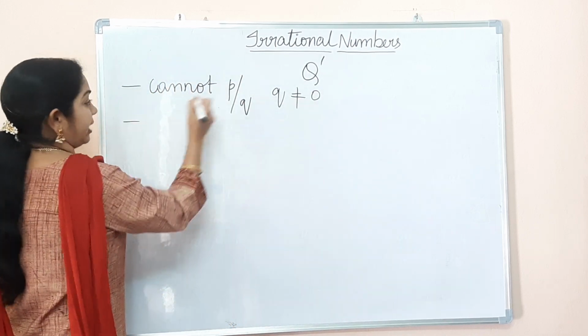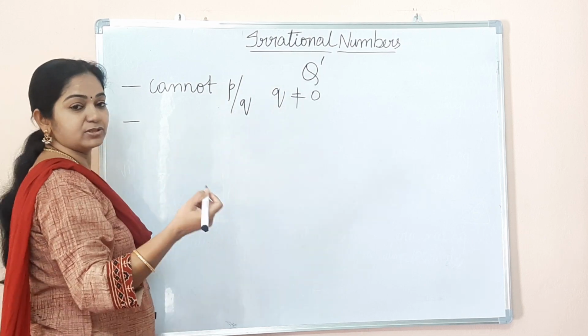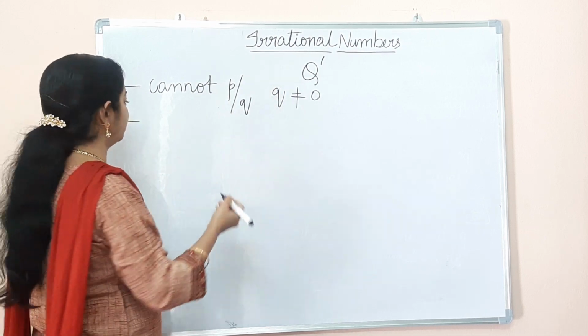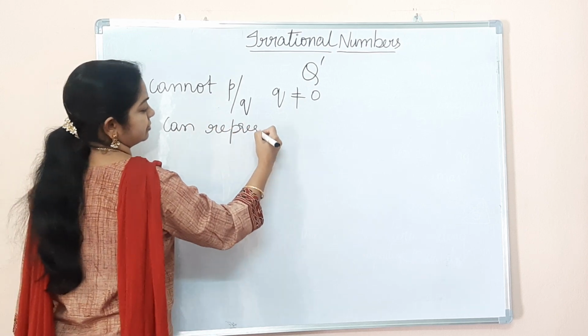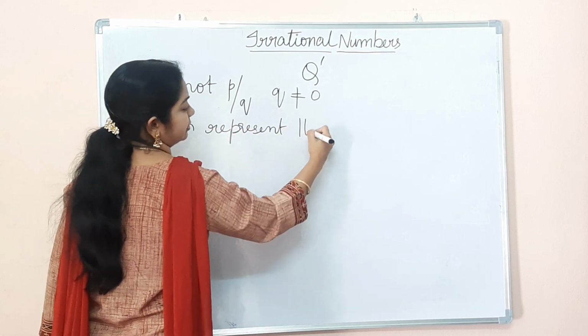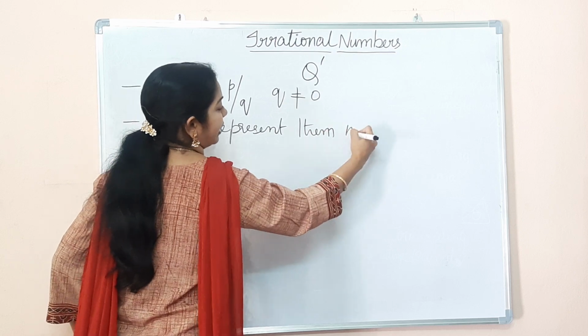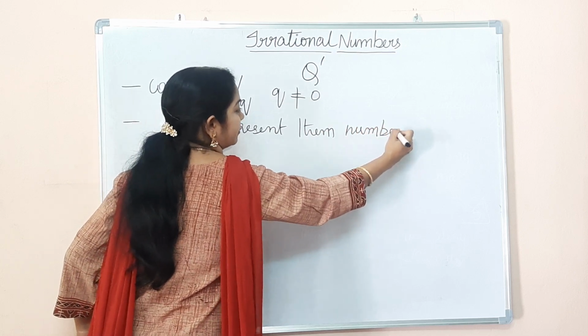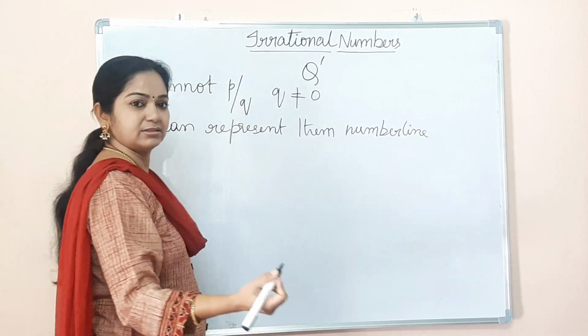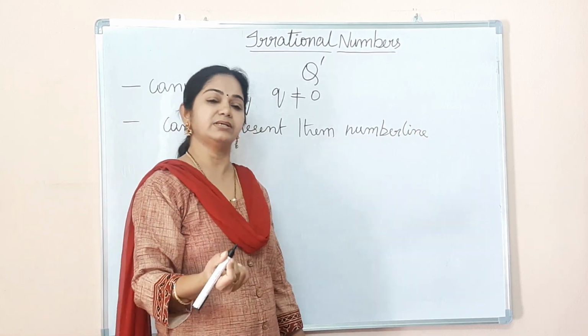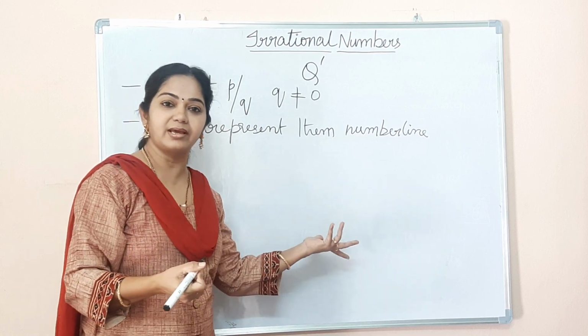And can we represent the irrational numbers on the number line? Yes, we can. We represent all the whole numbers, all the rational numbers, and all the irrational numbers on the number line.